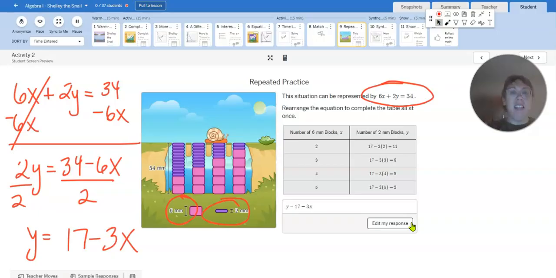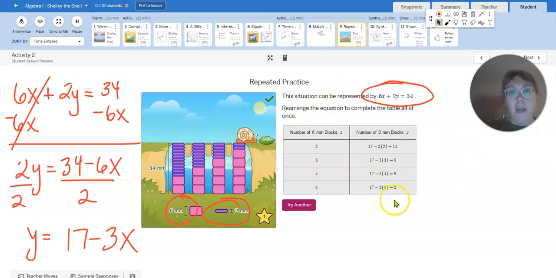Yay! That worked. So this is a repeated practice, so you can hit try another and do another one. I would love for you to at least try like 3, 5, as many as it feels good to you. This is really important practice of rearranging this equation, so I want you to feel nice and strong in this, so try multiple of these equations out.